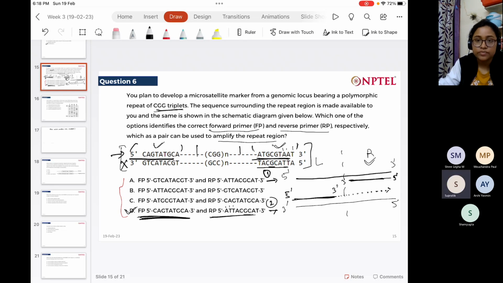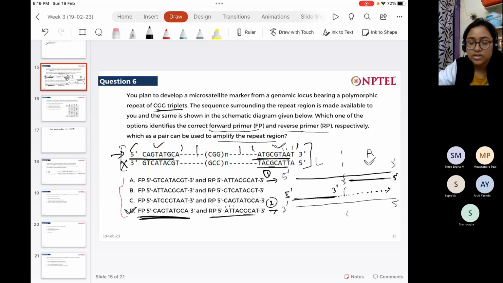But the reverse primer, how do you design the reverse primer? Because synthesis always takes place from 5 to 3. Is it the reason why it is always attached to the 5 end of both the strands? Actually, your question is not clear.